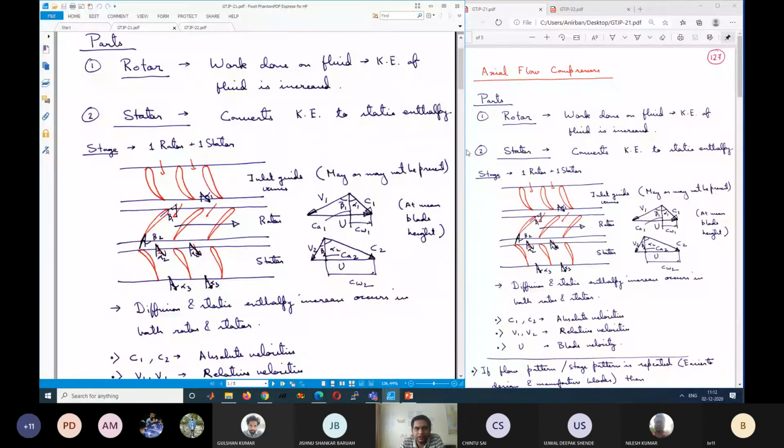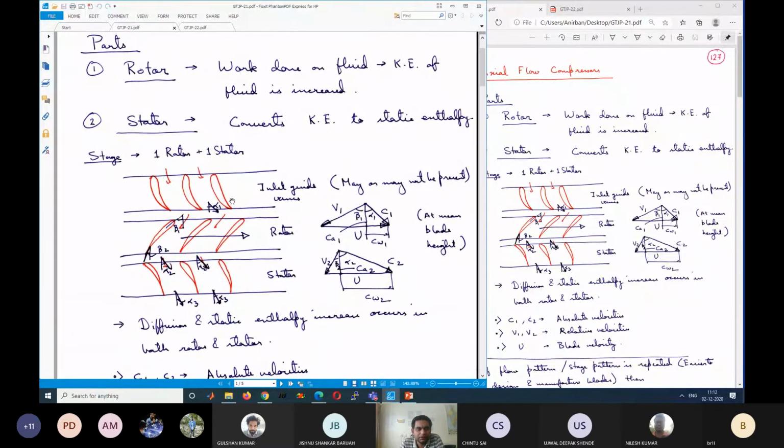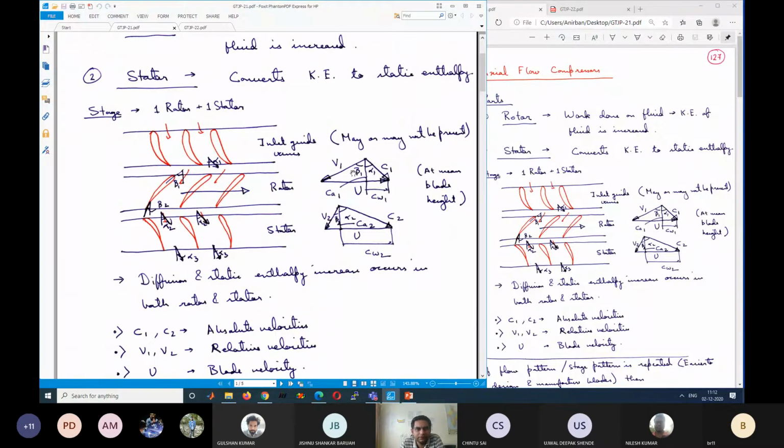So for a single stage, we have seen how the flow pattern looks, in terms of drawing velocity diagrams, which are very important. In some cases, there may be inlet guide vanes present. In some cases, like mostly for jet aircraft, the inlet guide vanes are not present, to reduce the mass of the engine.